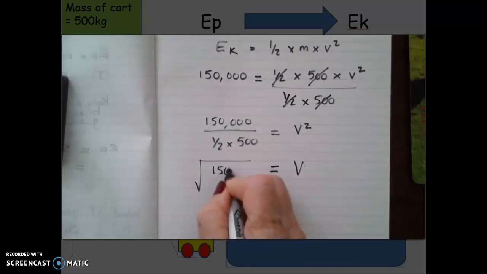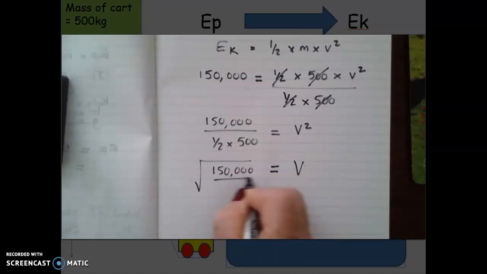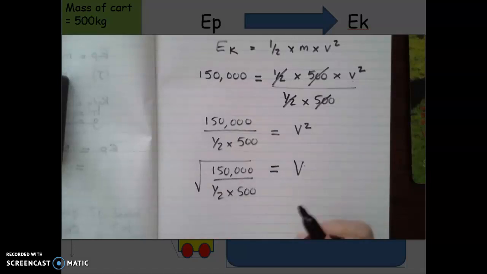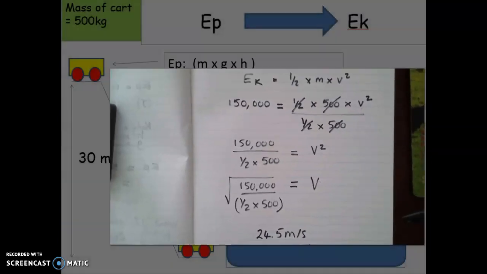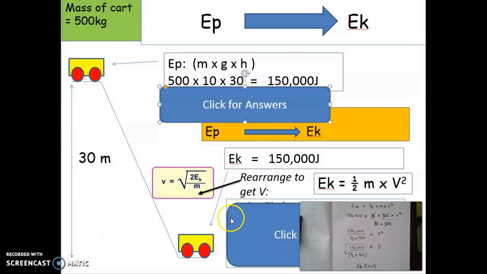So I've got the square root of 150,000 divided by a half times 500. Be careful when you put that all into the calculator. If you're going to put it in all in one go, you would need to square root 150,000 divided by, in brackets, your half times 500. If you work that out, you come out to 24.99, which rounds up to 24.5 meters per second. Let's swap back to the PowerPoint.